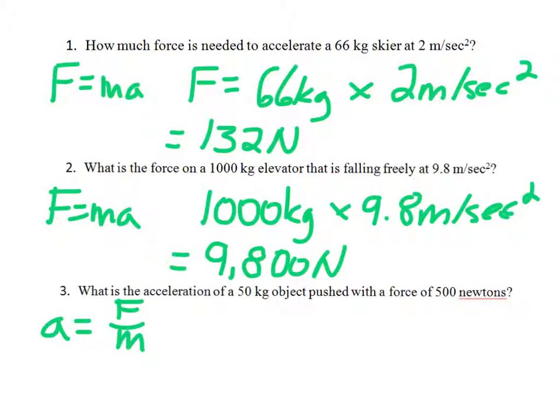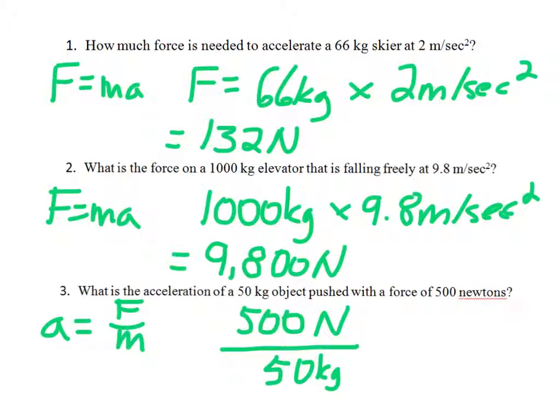In this case, our 500 newtons is going to be our force, and we're going to divide that by the 50 kilograms to figure out how fast it's accelerating. If we take 500 divided by 50, we'll find out that it's accelerating at 10 meters per second squared.